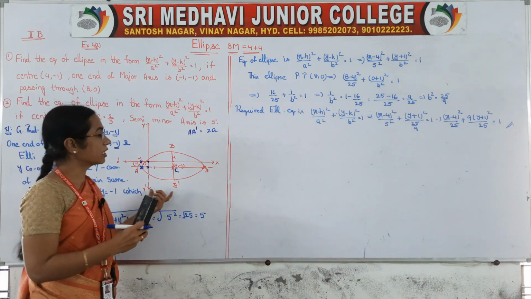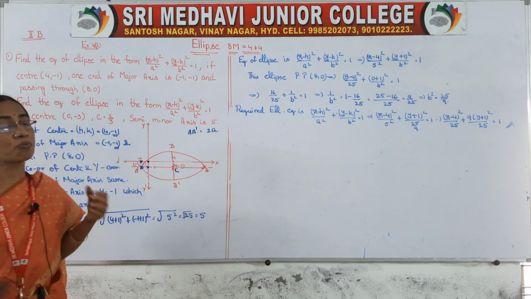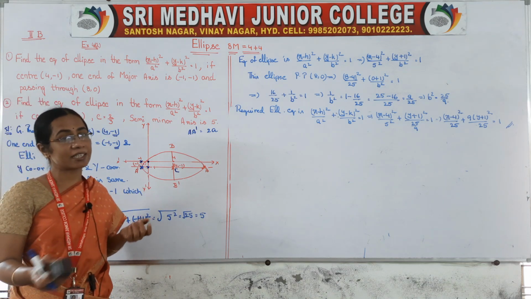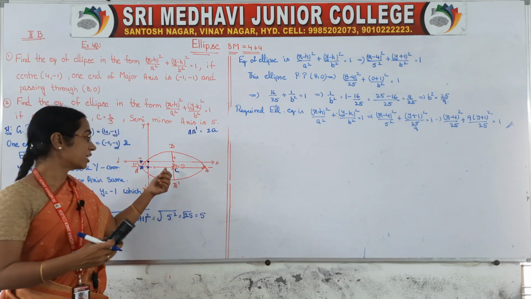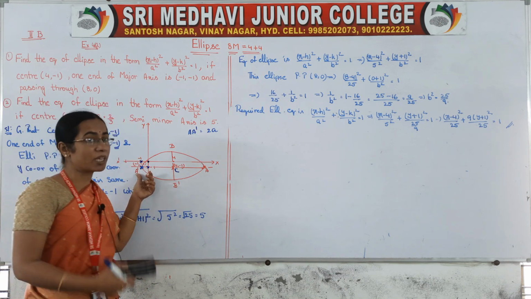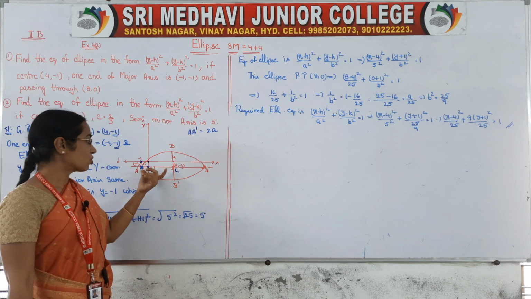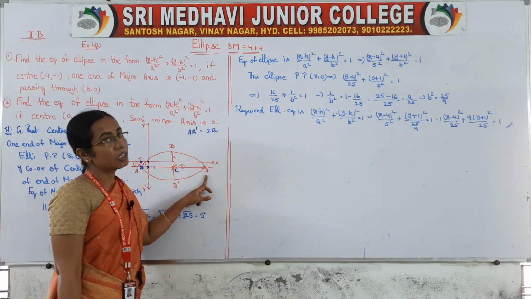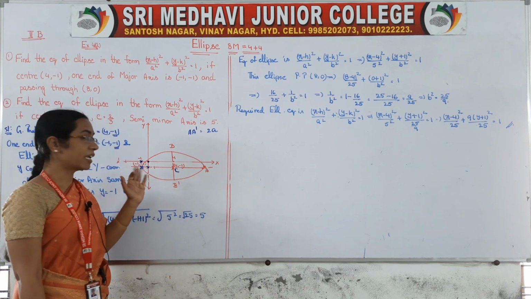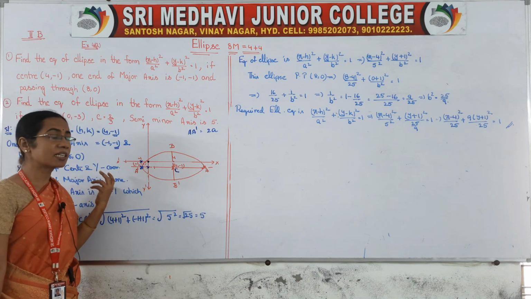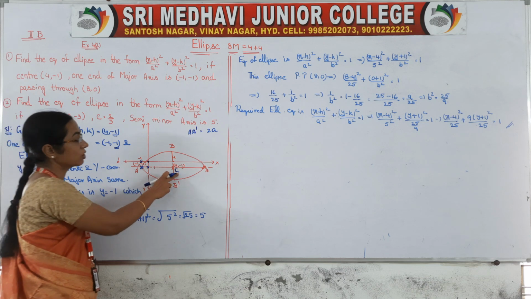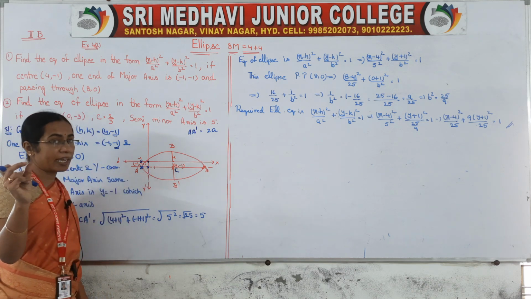So here also, we have to find out which one is the major axis, A A dash or B B dash. Here it is given that one end of the major axis and the center. If you observe the diagram, A A dash is the major axis. If A A dash is the major axis, the distance from center to one end is A, right?